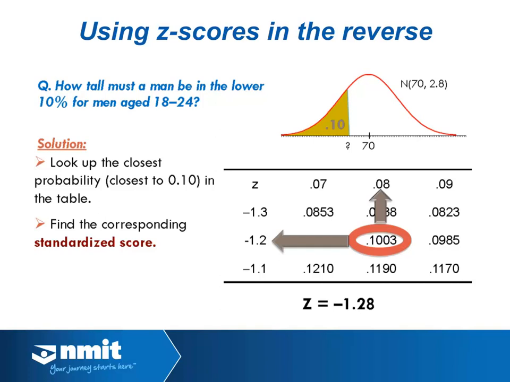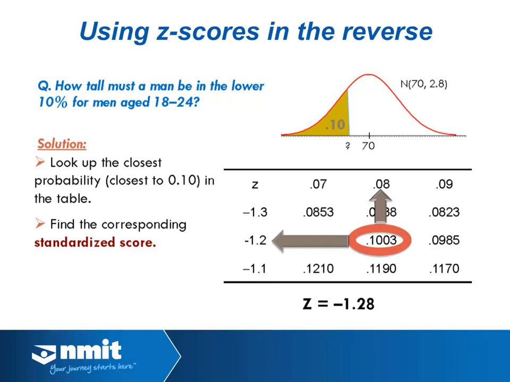And if we do that, we see that it aligns with a particular Z value. Over this slide and the next, we see the calculations based on this, rearranging the standard formula to solve for a value, the height that a man must be to be in the shortest 10% of all men in this sample.